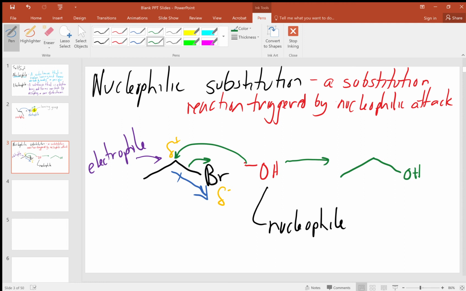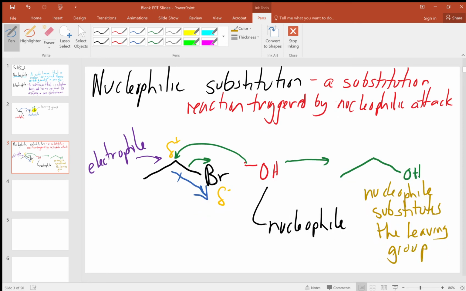And so we get our product. And what has happened overall in this reaction? The nucleophile has substituted the leaving group. Hence our name, nucleophilic substitution.